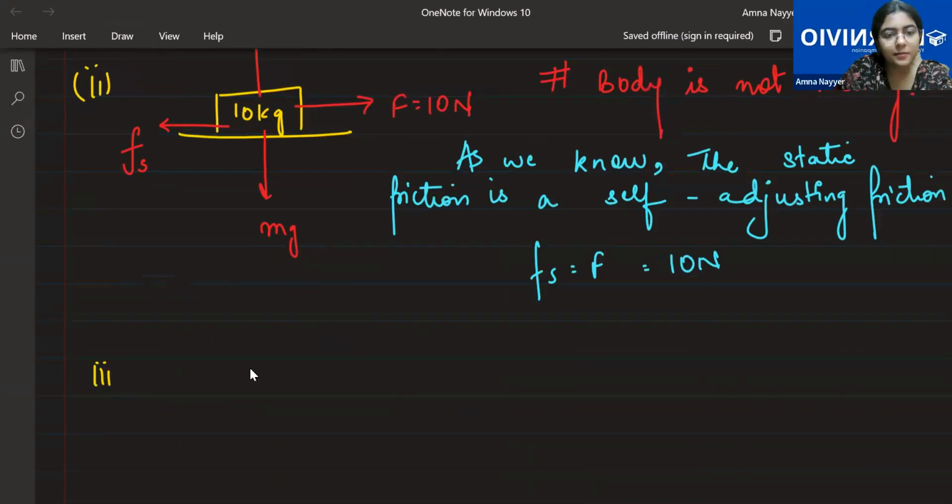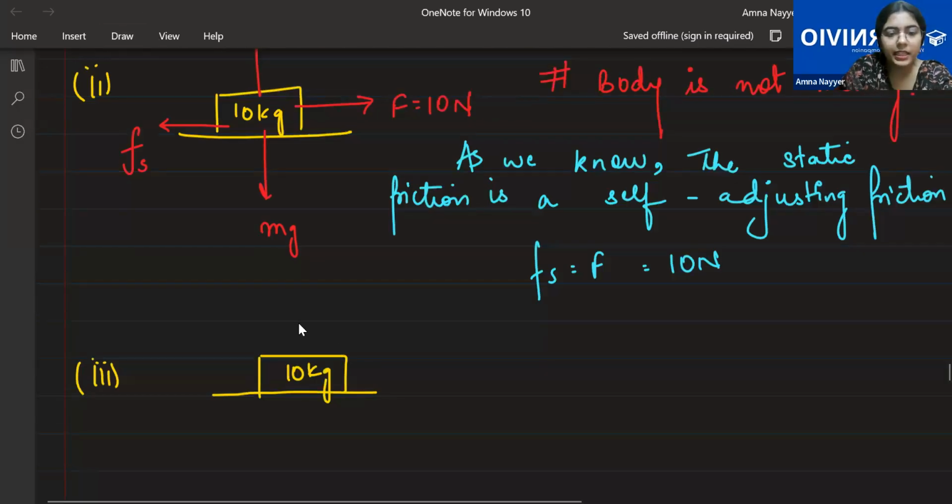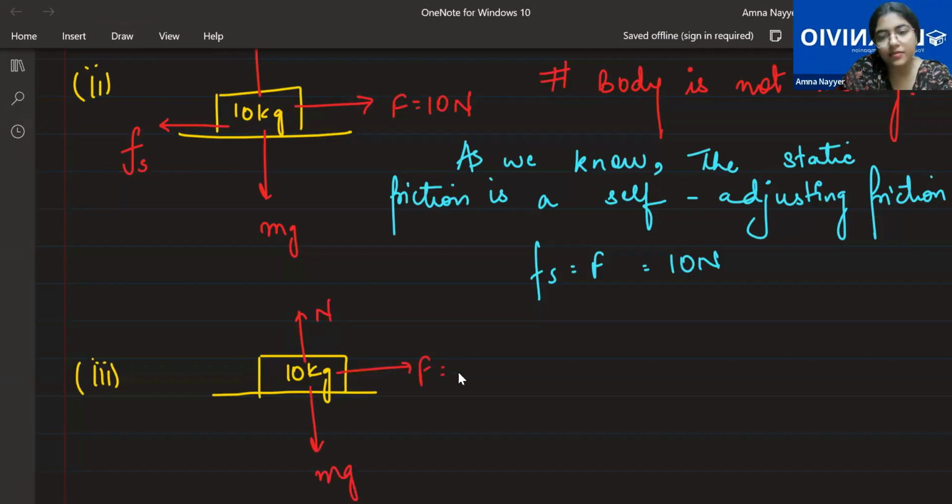Pay attention here, Neha, this part is important. This is a body of 10 kg mass. Now let's draw the FBD first. Here the normal reaction will be acting upwards, mg will be acting downwards, and the applied force is 50 Newton here. And on the back side, you will have the static friction force. Now it says whether the body will move or not.